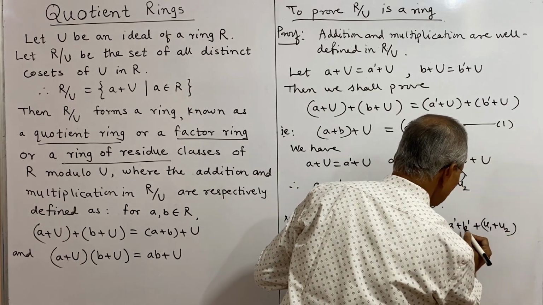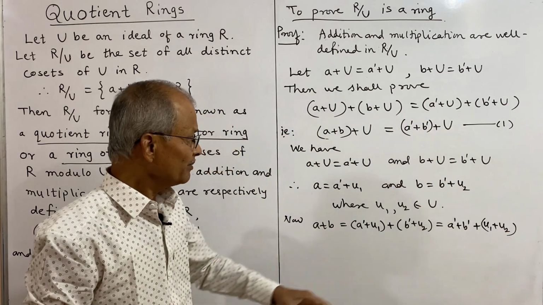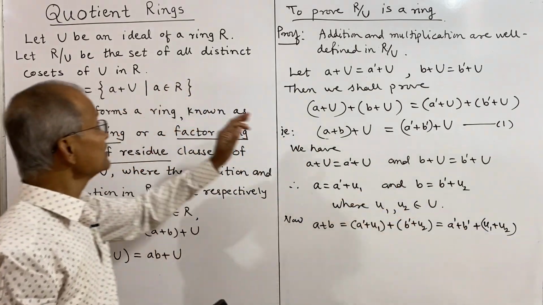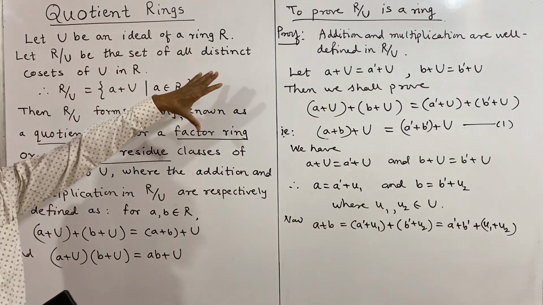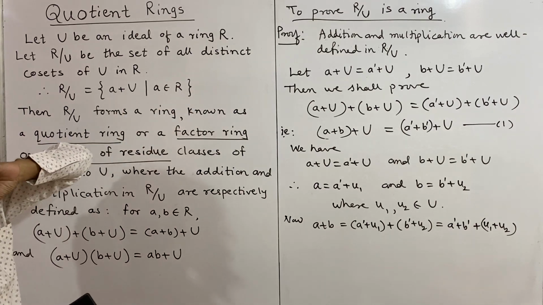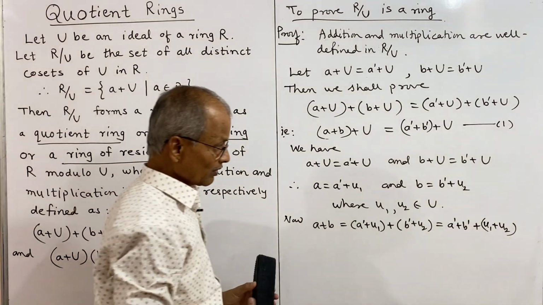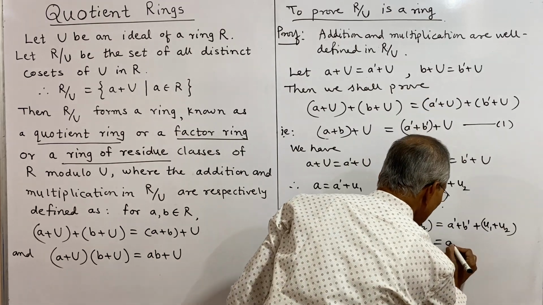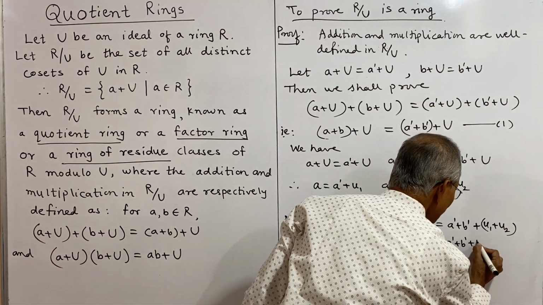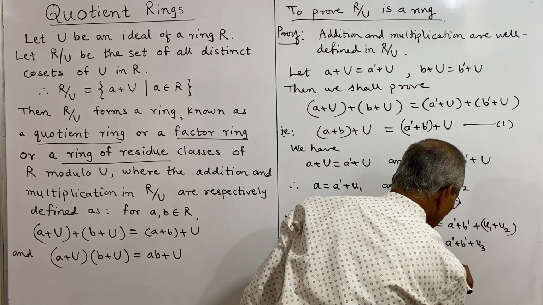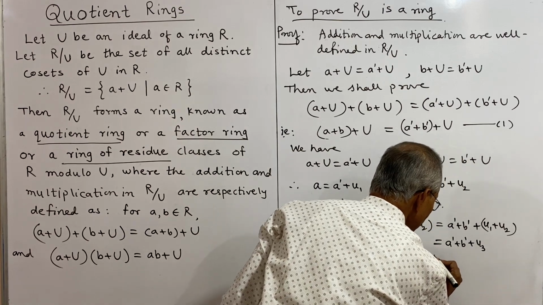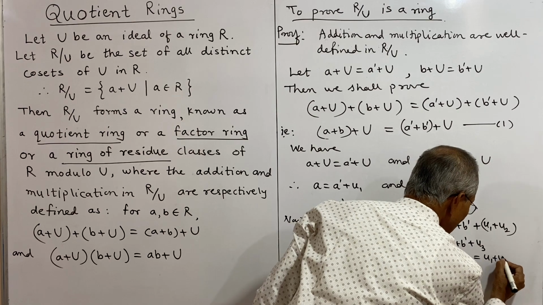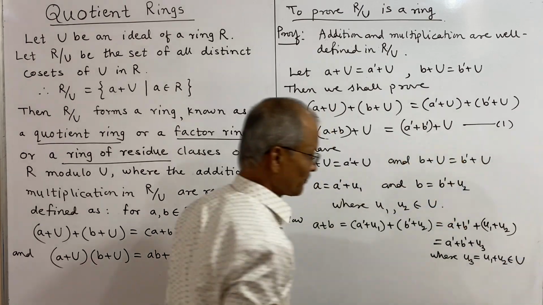But you see, u1 and u2 are elements of u, and by closure property it is an element of u, because u is an ideal, it is an additive group, a subgroup of R, and therefore this is an element of u, and we shall denote this as a dash plus b dash plus some element u3, where u3 is equal to u1 plus u2, and that is an element in u.